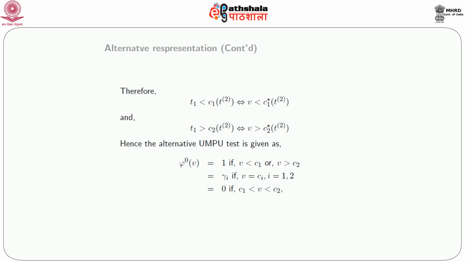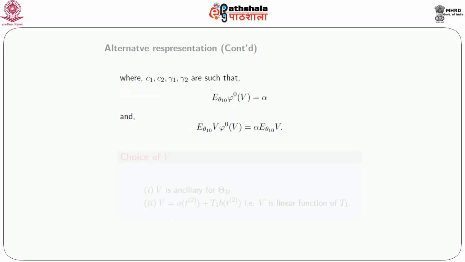Here we make use of randomization. It is equal to 0 if c1 is less than V less than c2, where c1, c2, γ1, γ2 are such that the expectation of φ0 equals α, this is our size condition, and the expectation of V φ0 equals α times the expectation of V. Actually it comes from the unbiasedness condition.